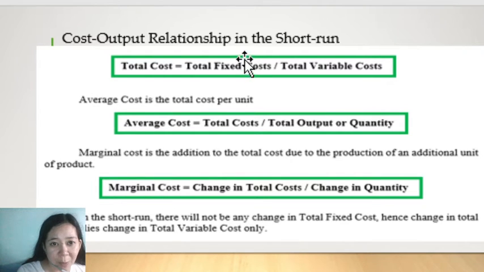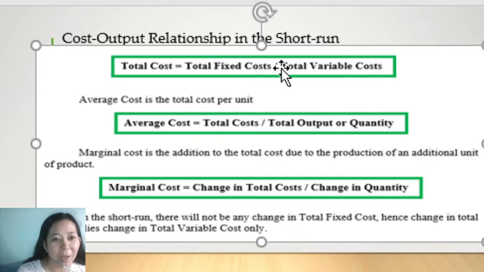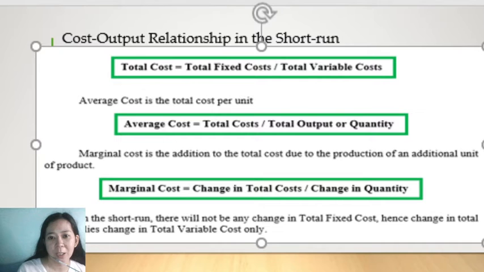Please take note of this one. On the first formula, total cost is fixed cost plus variable cost. This is our average cost, which you have learned in the previous portion of the discussion. We also have there the marginal cost.